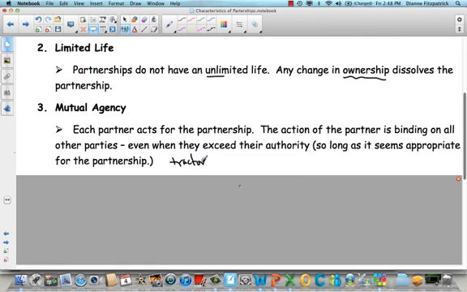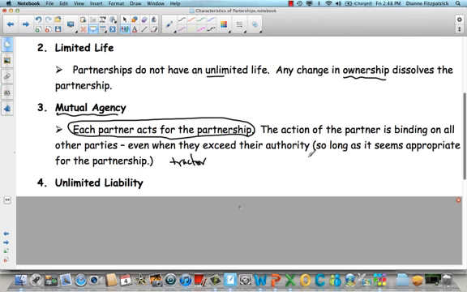And no one else agreed to this tractor. Well, guess what? All of the other partners are stuck with that tractor now, and they all have to be willing to pay for that. So each partner acts for the partnership. When you're writing your partnership agreement, you might want to have some very good details about what partners can and can't do and what decisions they can make without the other partners. That's what mutual agency means.